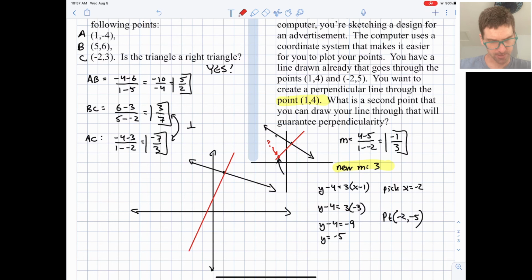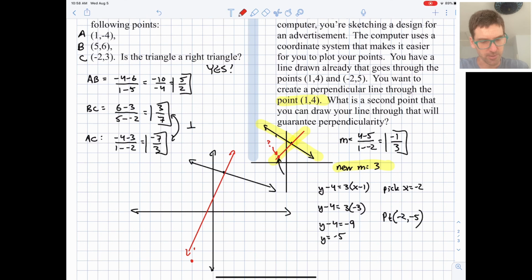Does that look perpendicular? It looks relatively perpendicular. You can see how having a slightly incorrectly sloped line, my initial red line was a little bit off of perpendicular, changes things so much. So according to the algebra we did, the new point was negative 2, negative 5.